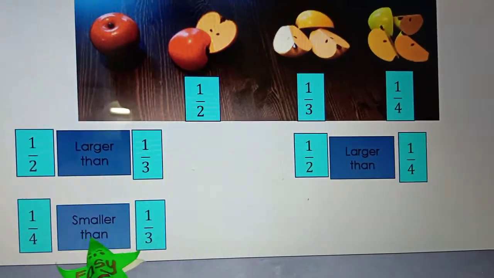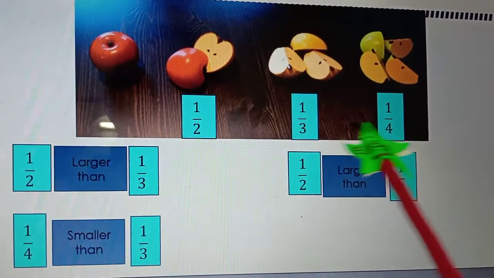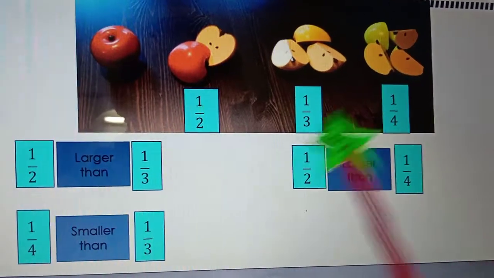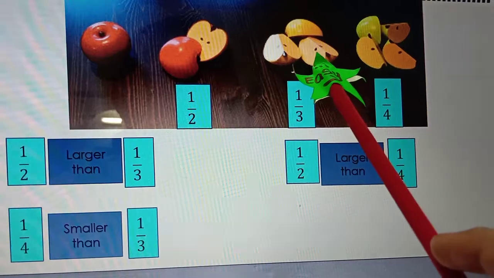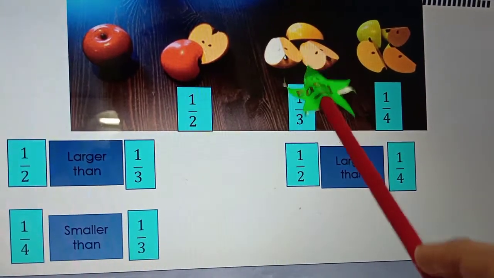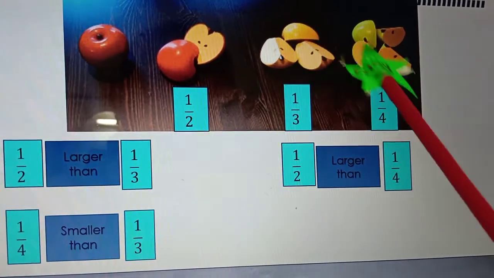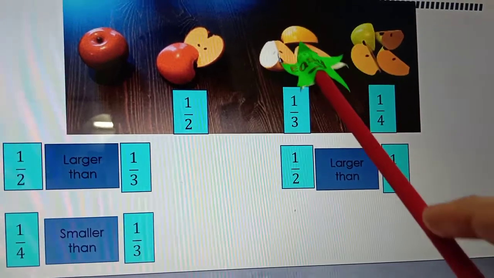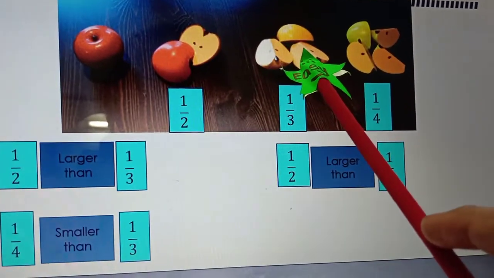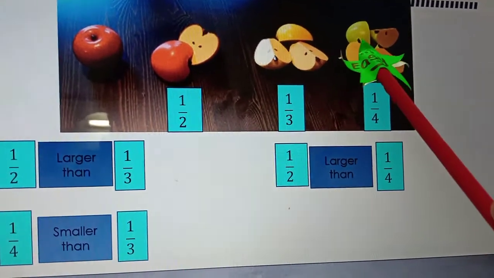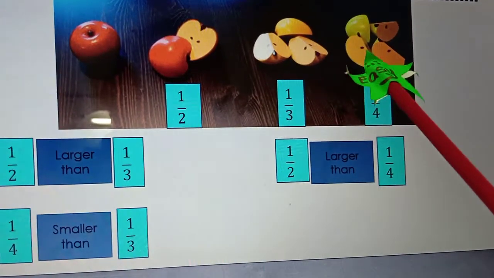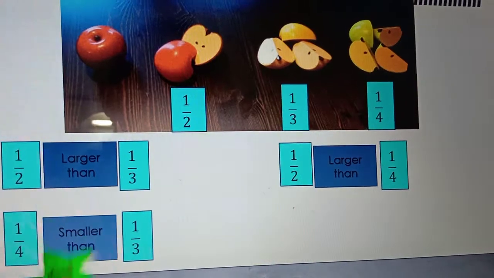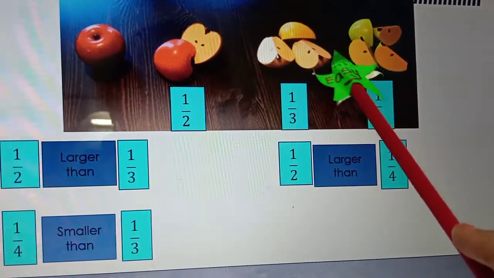Right? Okay, see. 1/4 and 1/3. This one Amma only cut into 3 pieces. This one Amma cut into 4 pieces. So 1/4, you see the piece?